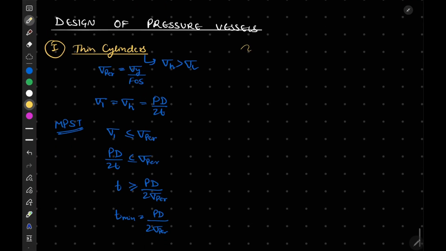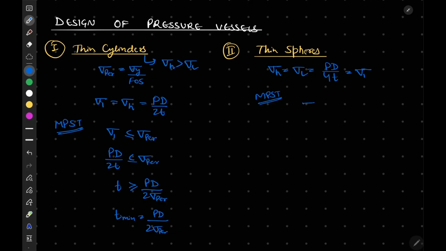Now if I talk about thin spheres, we know that stress sigma h is equal to sigma L, given by PD by 4T. According to the maximum principal stress theory, this is also equal to sigma 1.